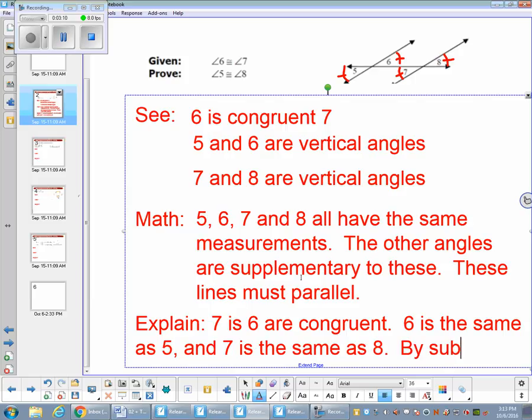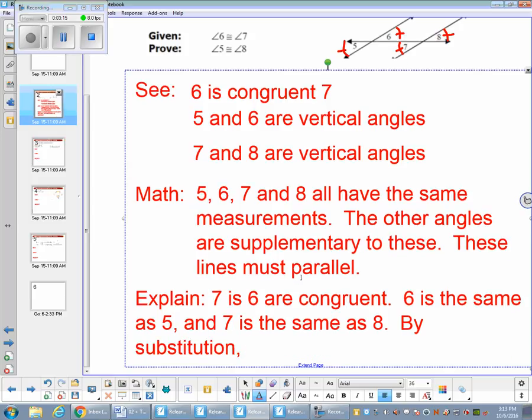By substitution or transitive property, 5 and 8 are congruent. There we go.